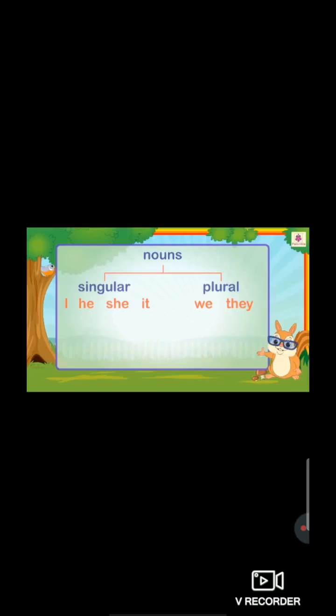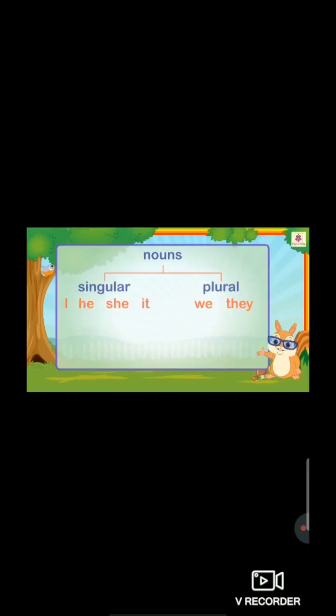Students, as you know, singular means one. One person, one thing, right? We call that singular. And what about plural? Plural means more than one. One person or thing, more than one, we call plurals.